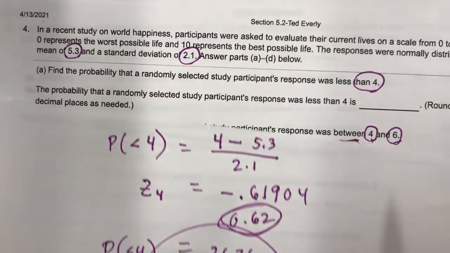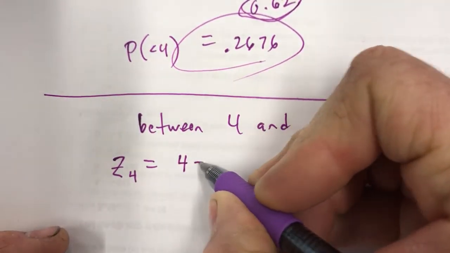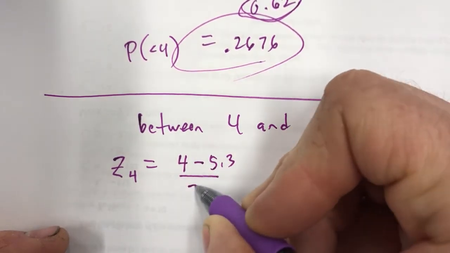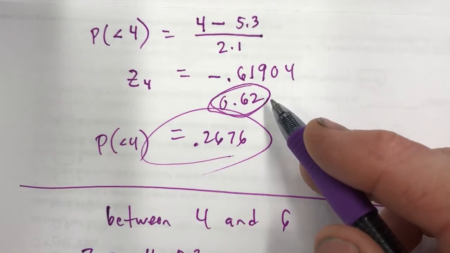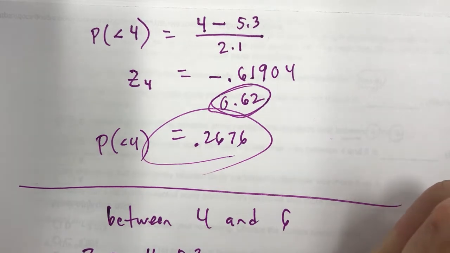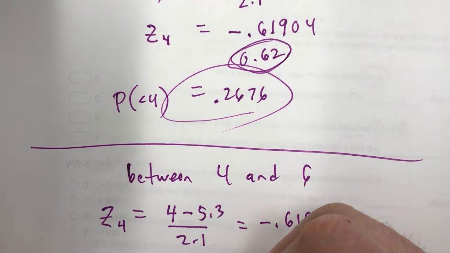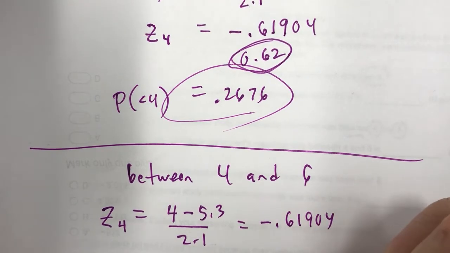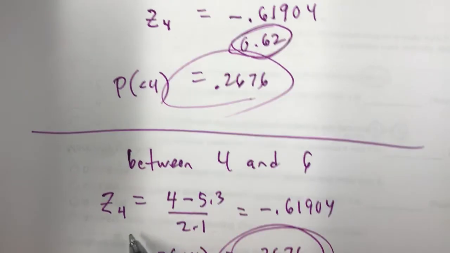Let's remind ourselves, here's the mean and here's the standard deviation. So I'm going to do 4 minus 5.3 divided by 2.1, and we actually had done that a while ago. So that's going to be negative 0.61904. And I look it up. Probability that it's less than 4 is going to be 0.2676.